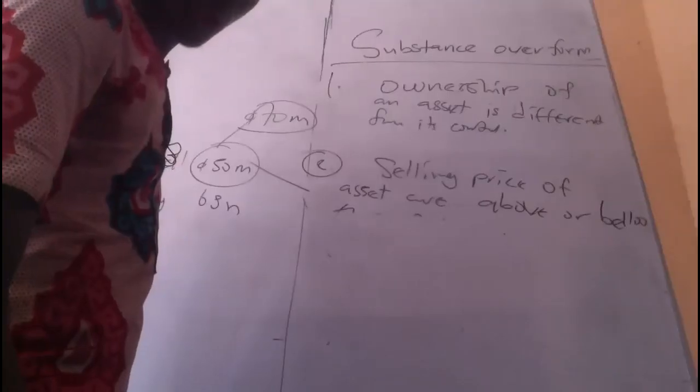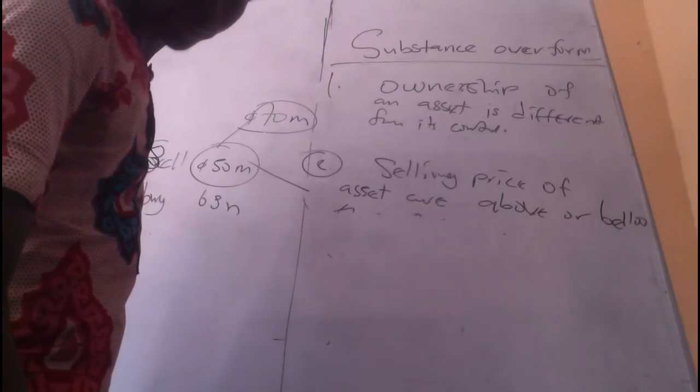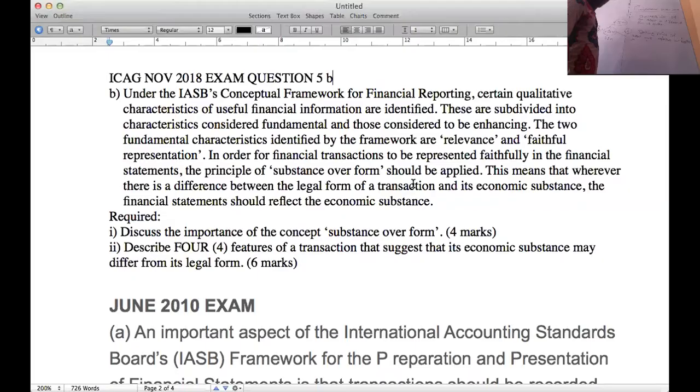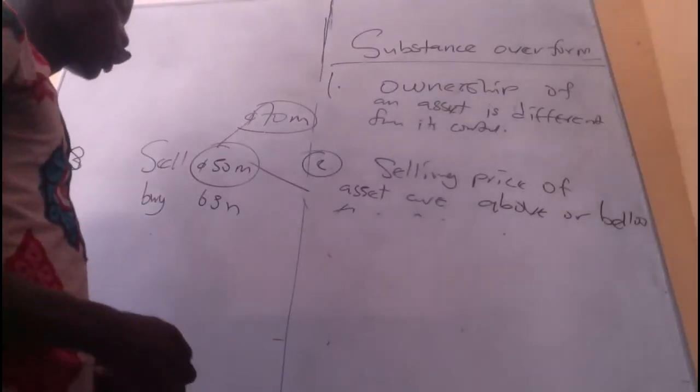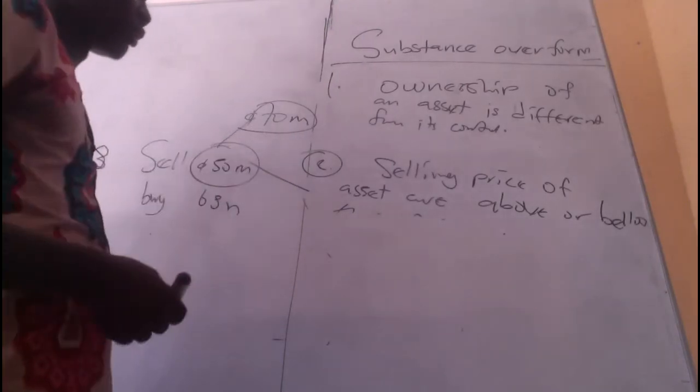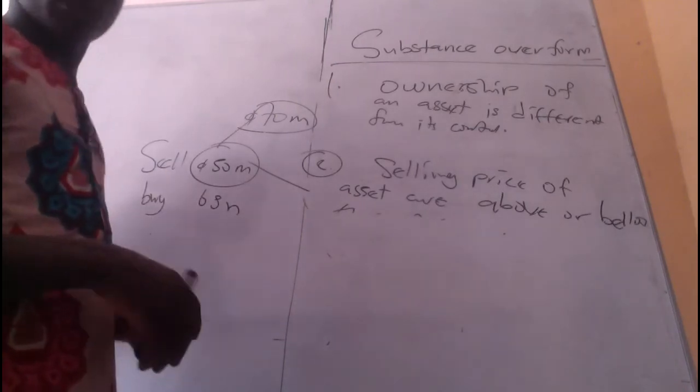It said, describe 4 features of a transaction that suggest, or may suggest. So the origin is the word may. So there's an indication that substance over form may take place.